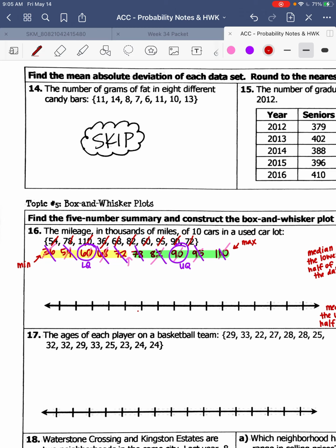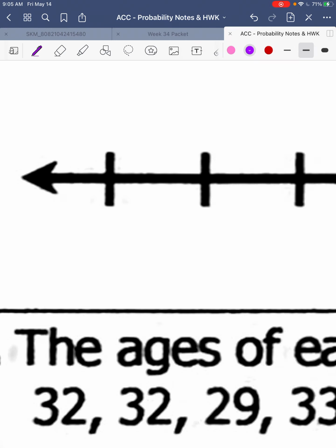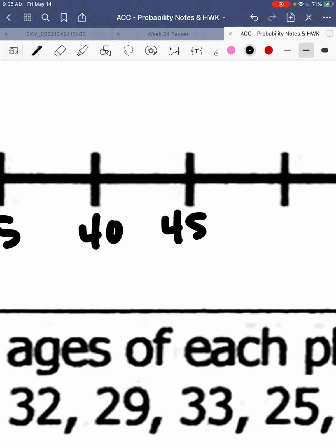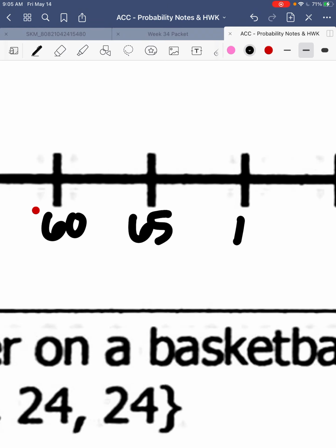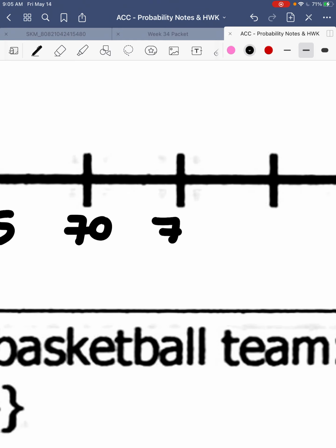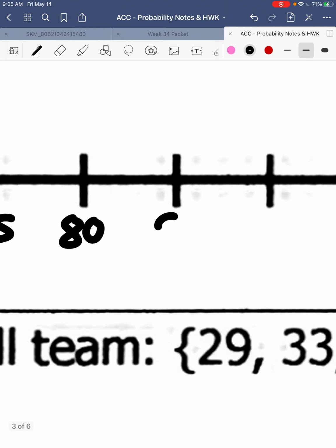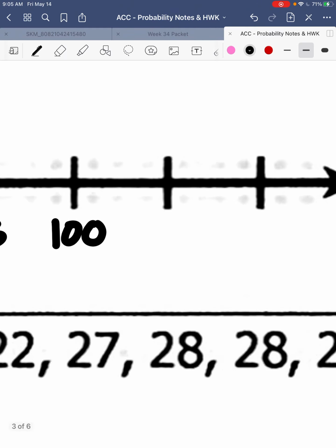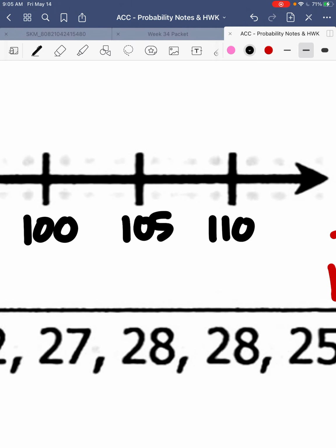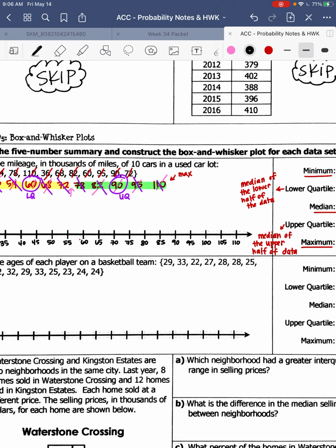So I think I'm going to start with 35 and count by 5s. 35, 40, 45, 50, 55, 60, 65, 70, 75, 80, 85, 90, 95, 100, 105, and 110.